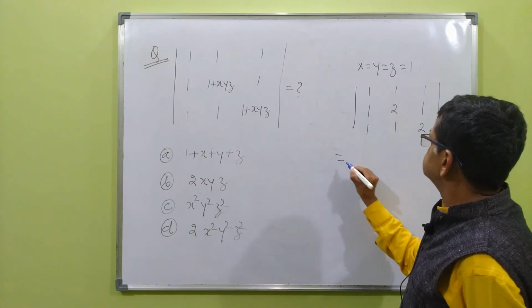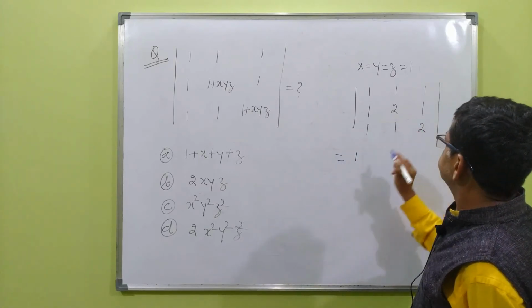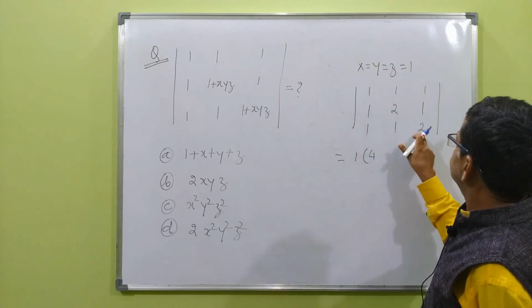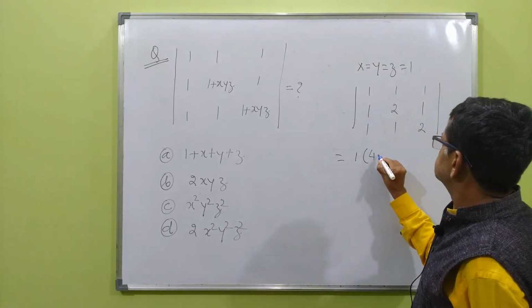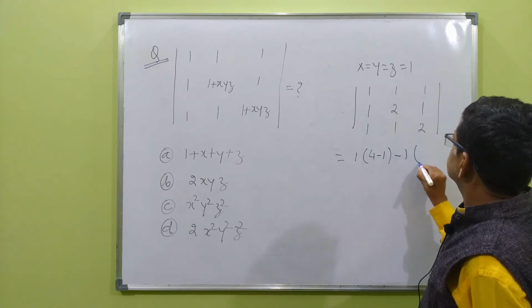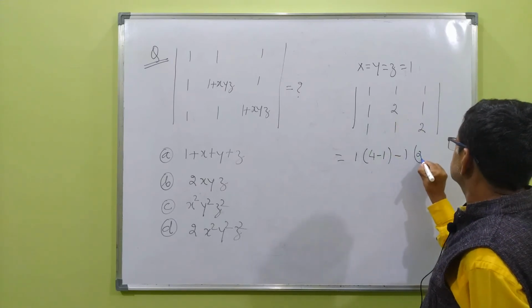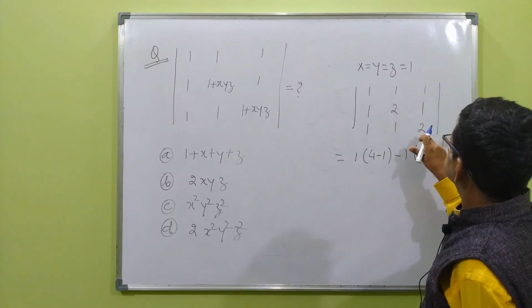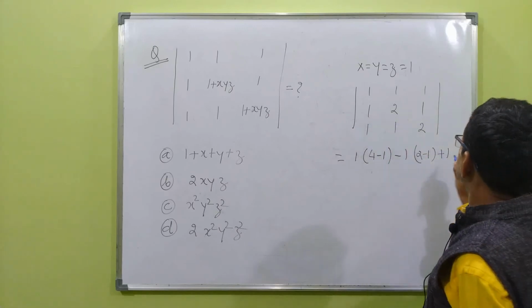The value of the determinant is 1 into 4 minus 1, minus 1 into 2 minus 1, plus 1 into 1 minus 2.